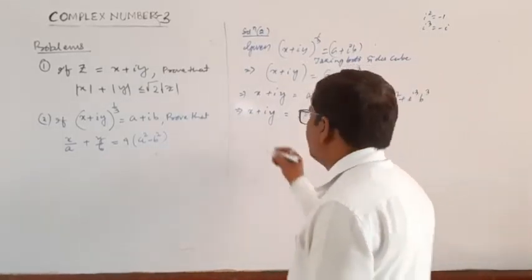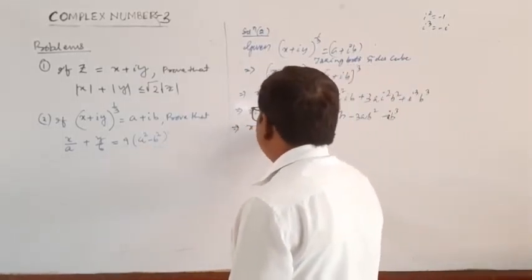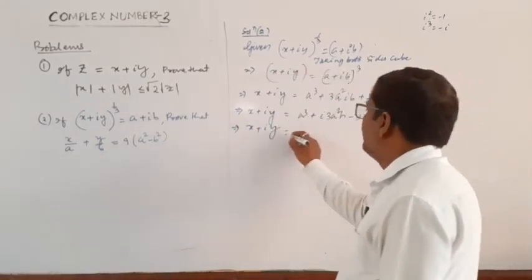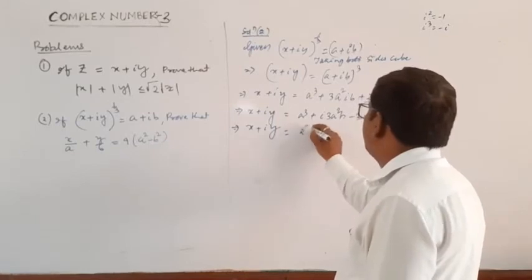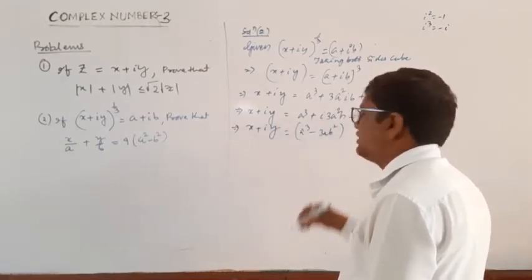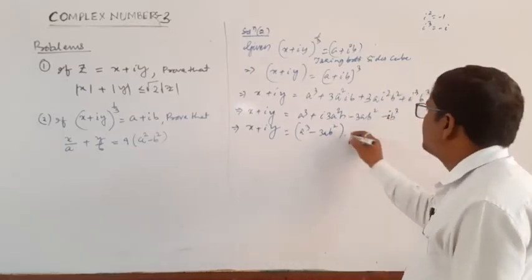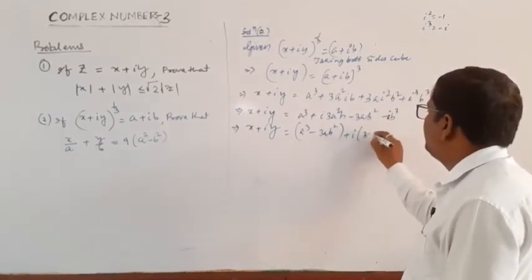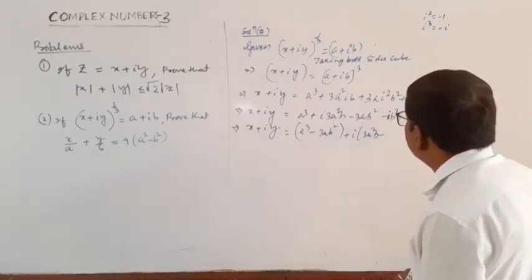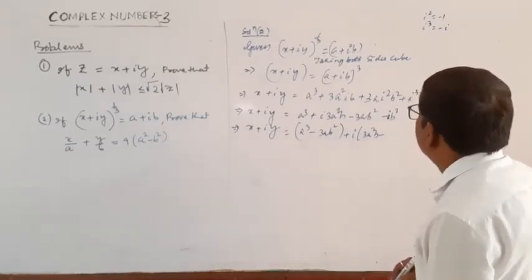Now collecting the real part and imaginary part, x plus iy is equal to a cube minus 3ab square, this is real part, plus i into 3a square b minus b cube.